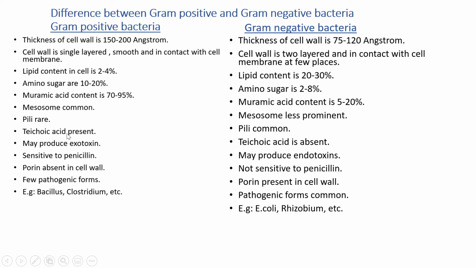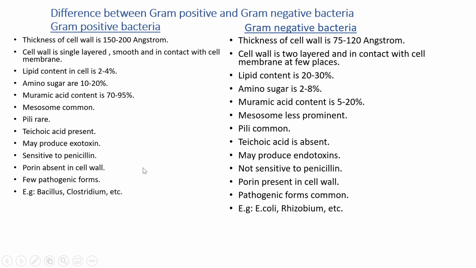Teichoic acid is present in gram-positive bacteria, but teichoic acid is absent in gram-negative bacteria. Gram-positive bacteria may produce exotoxin, but gram-negative bacteria may produce endotoxin. Porin is a protein which is absent in the cell wall of gram-positive bacteria, but porin is present in the cell wall of gram-negative bacteria.